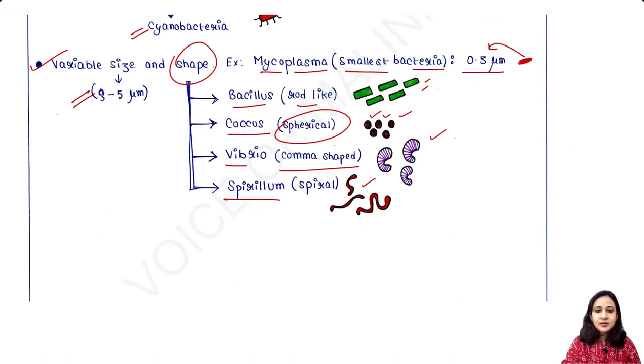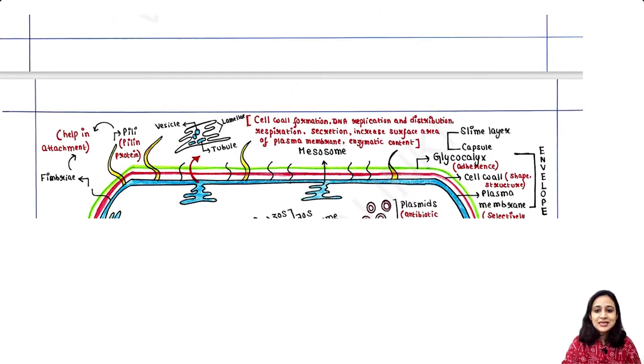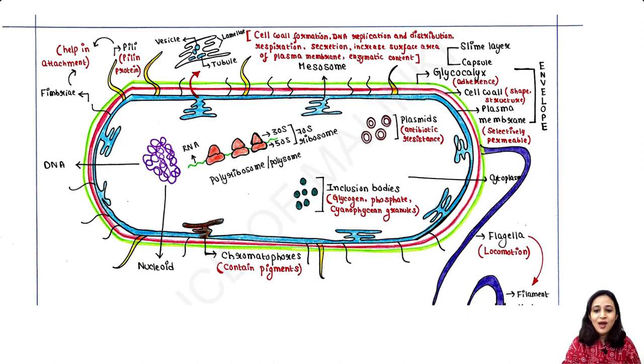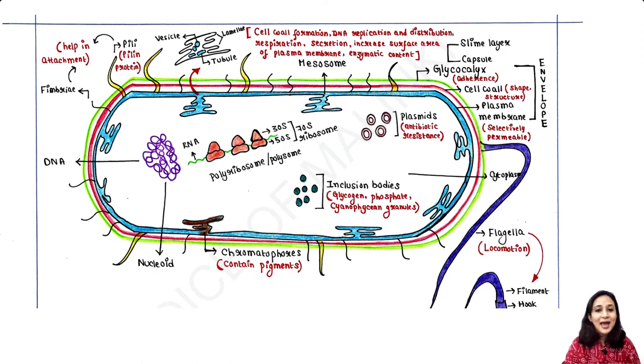Okay, so this is the structure of bacteria. If you understand this one picture, you can understand the prokaryotic cell structure very easily. Please try to understand this image.